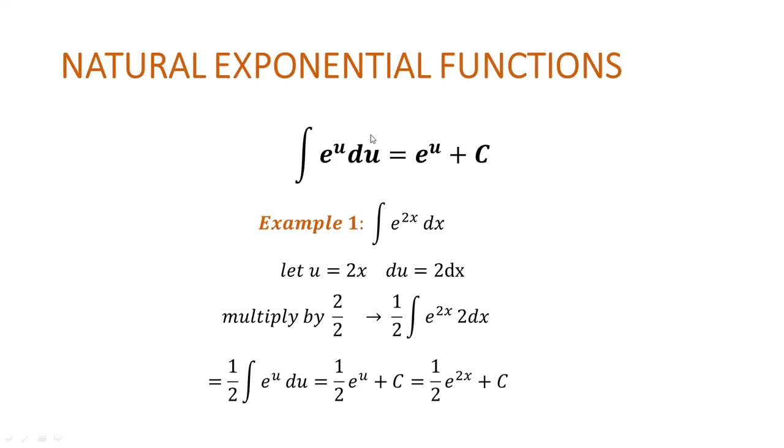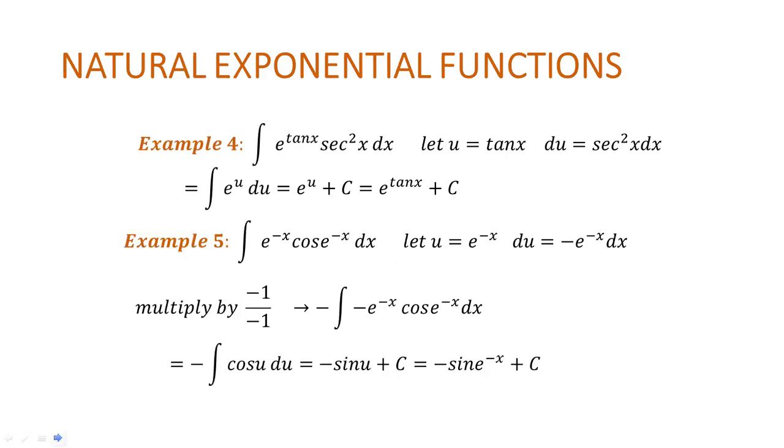Again, if it's not complete, if you only need to multiply it with a constant, you need to complete it. That way, you will have the exponential function's integral as the exponential function itself. So all you have to do is copy it. And you were provided with an example for that as well.